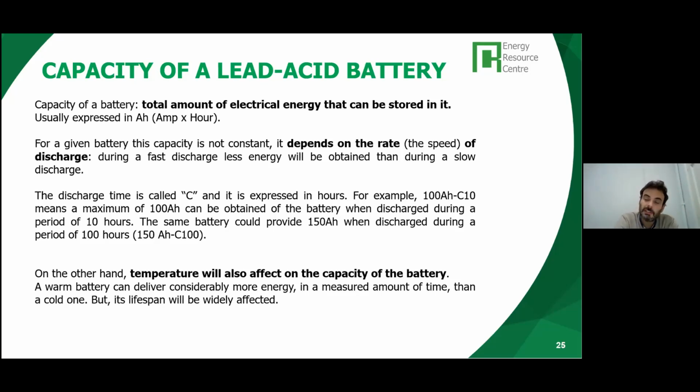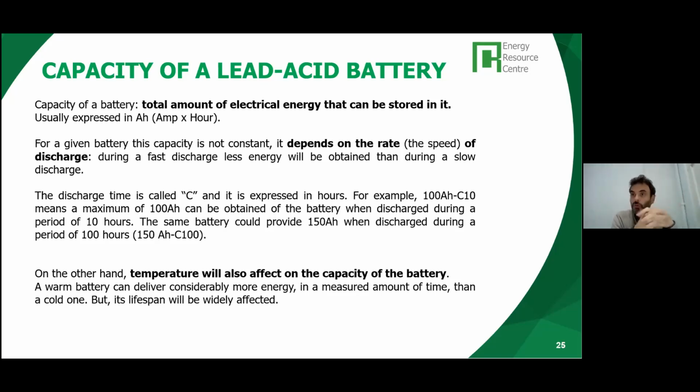That is expressed in the parameter of the capacity of the battery. The capacity of the battery is expressed in amp hour. This is telling us the amount of time a battery can deliver a certain current.